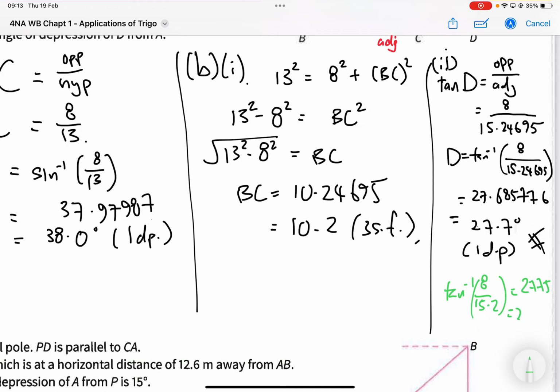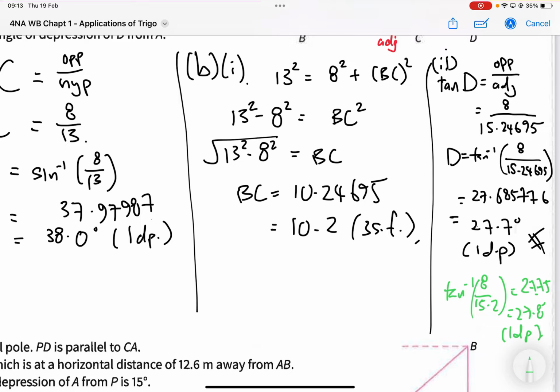Then when I round off, it will be 27.8. Okay, so there will be a bit of difference. If I take the more exact answer, my answer is 27.7. If I take the rounded off answer from here, 10.2 plus 5, then my answer is 27.8.